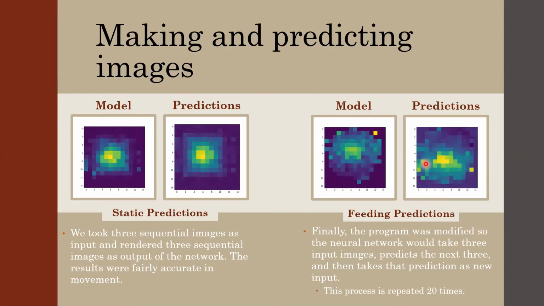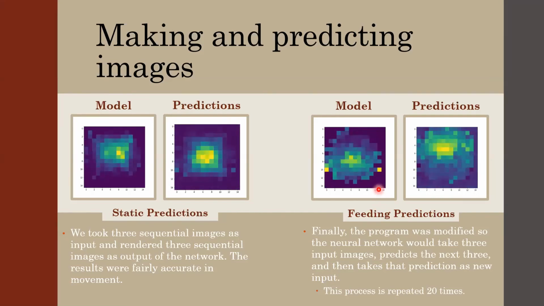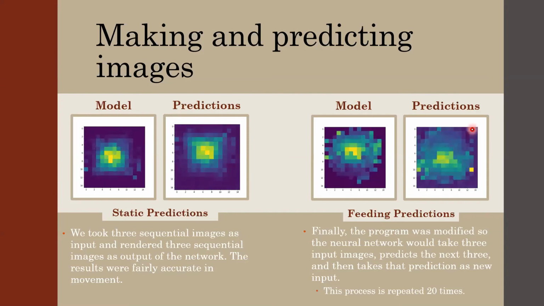As you can see, the result was really not good in any aspect. The overall movement of the beam is just up and down. It's not anywhere close to what the real model is doing. And the shape is also off. It is not centered. It's just a lot of points around the image.